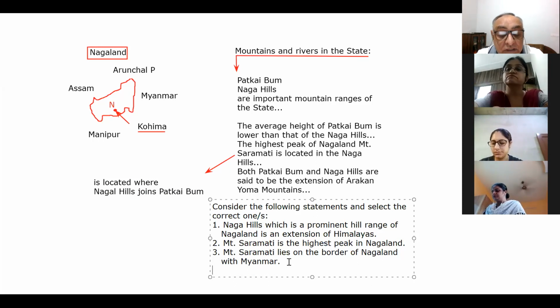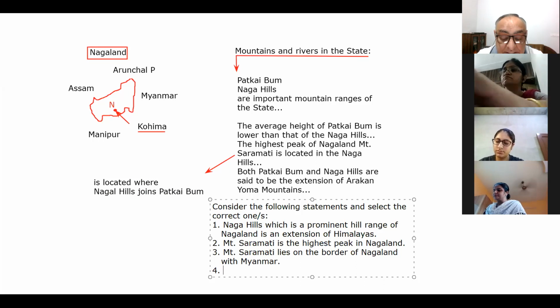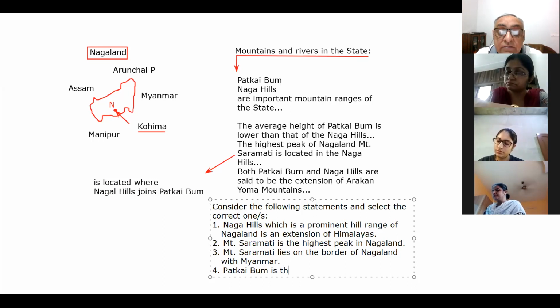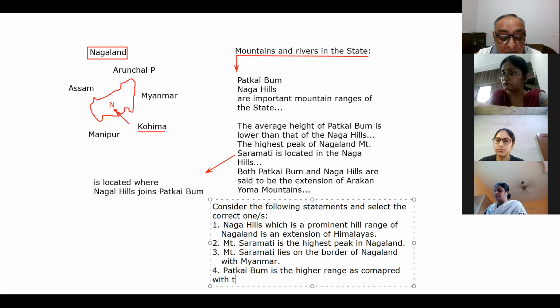The fourth point can be that Patkai Bum is the higher range as compared with the Naga Hills, that the height of Patkai Bum is higher than the Naga Hills.